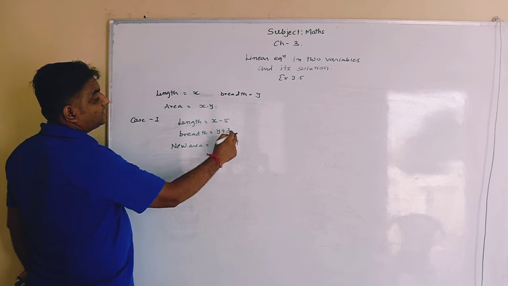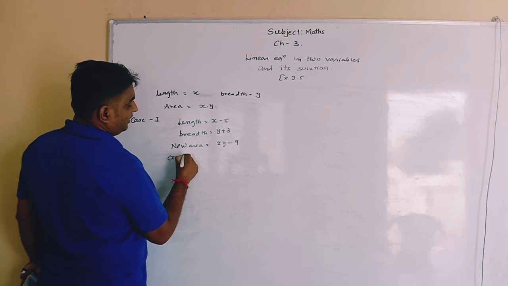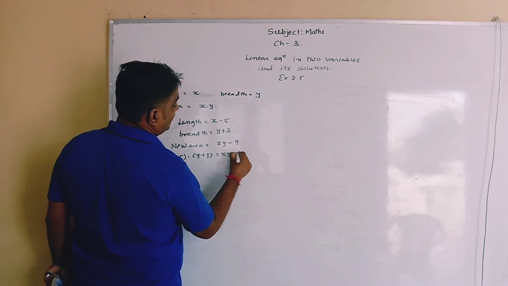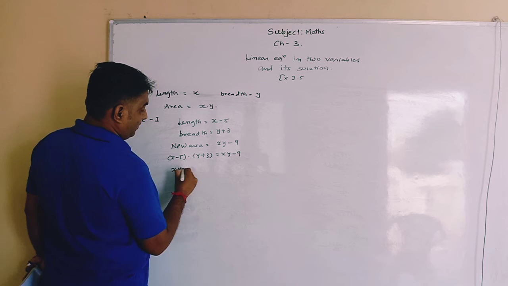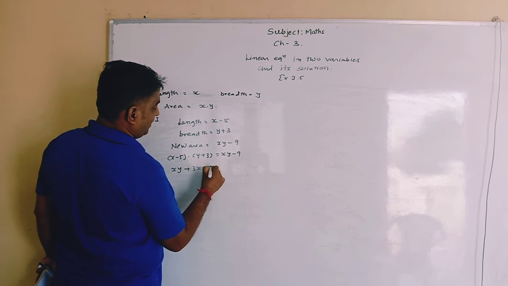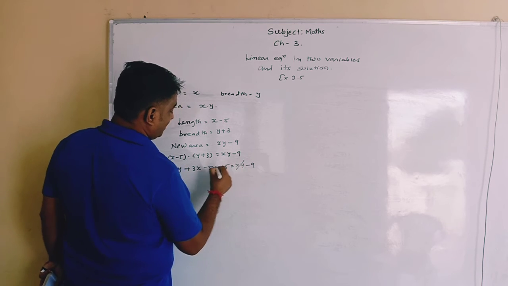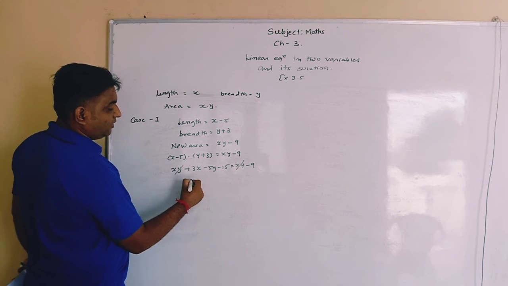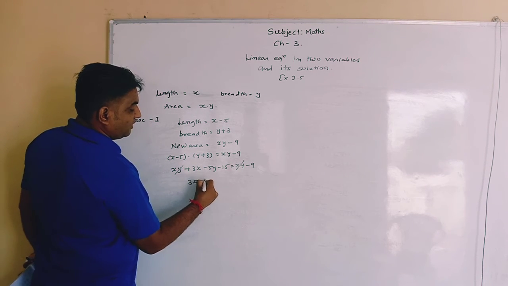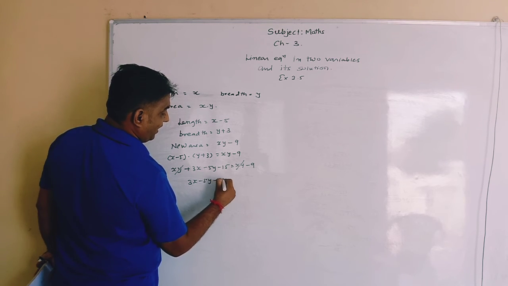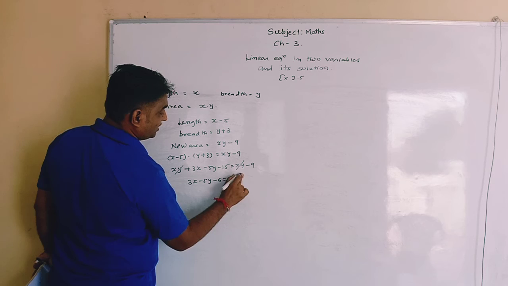So x minus 5 into y plus 3 equals xy minus 9. So xy plus 3x minus 5y minus 15 equals xy minus 9. So xy cancels, minus 9 from this side, and 3x minus 5y minus 15 plus 9, that will be minus 6 equals 0. That is the first equation.